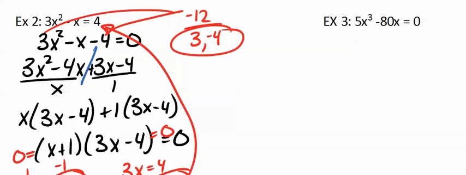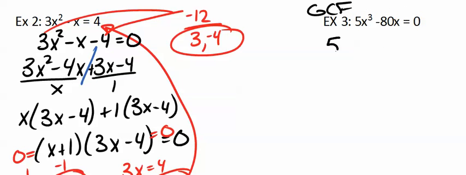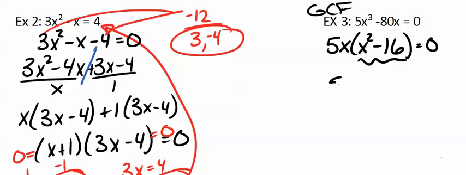Example number 3 is already set to 0, but let's look at what kind of factoring problem it is. Again, number 1 rule of factoring is GCF. You'll notice that both of them are divisible by 5 and x. So I'll take out a 5x. And you'll also notice that that's factorable again. That's actually a difference of squares.